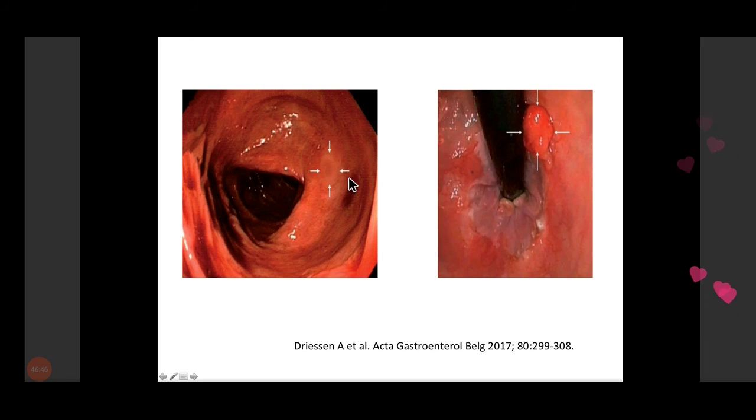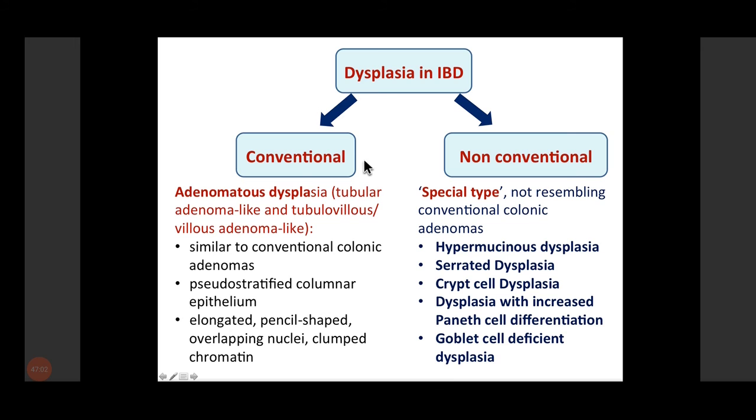Now this is an example of this flat lesion versus a polypoid lesion. So this is a polyp, a flat lesion over here that you can just pick up on endoscopy and biopsy, and this will show the dysplasia.